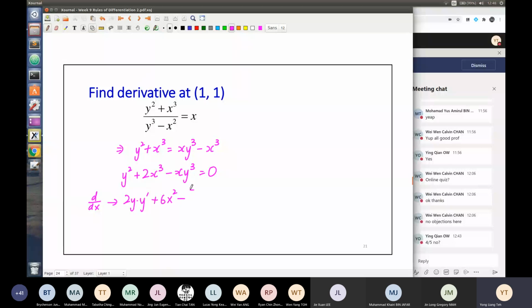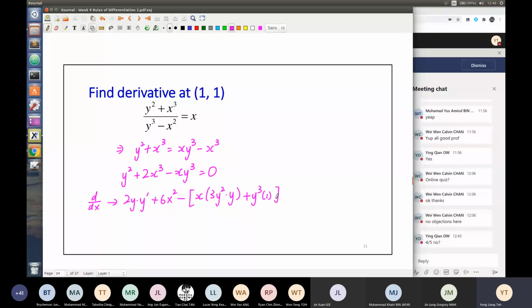So minus, x times the derivative of y cubed, which gives 3y squared times y prime, plus y cubed times the derivative of x, so y cubed times 1, equals 0.